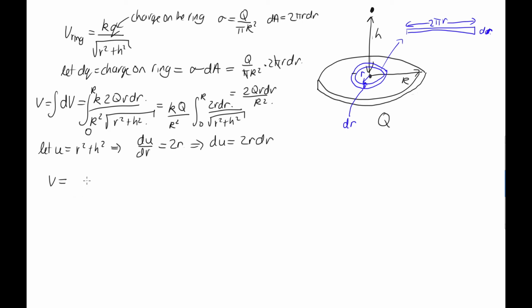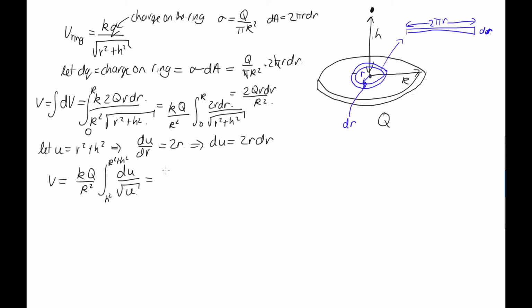So I can replace my integral now. I've still got the voltage, and I've got the kQ on R squared out the front. And now up the top here, I've got du, and down the bottom, this is equal to the square root of u. And looking at my limits, when r is 0, I've got h squared, and when little r is big R, I've got R squared plus h squared.